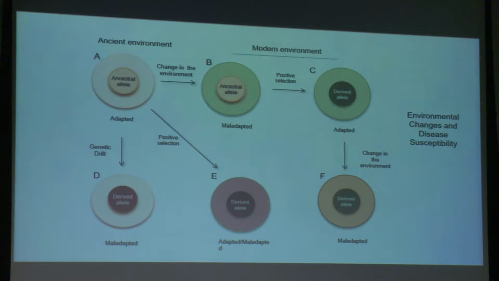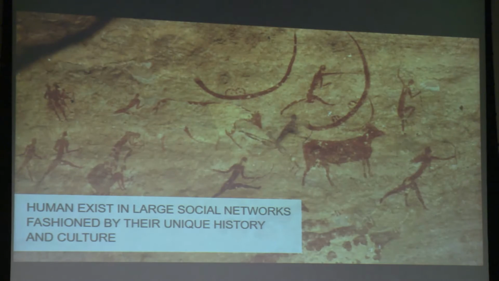However, the environment varies from one living system to another, and this is a particularly complicated issue in how we comprehend the human environment, because the human environment is a very complicated set of systems. We as humans exist in very large social networks, and these social networks we have fashioned over the centuries because of our own unique culture and history.